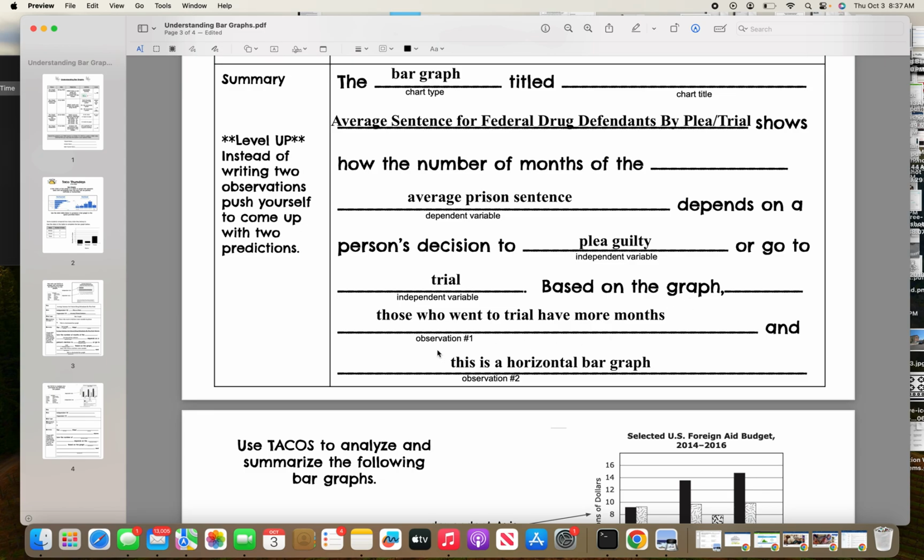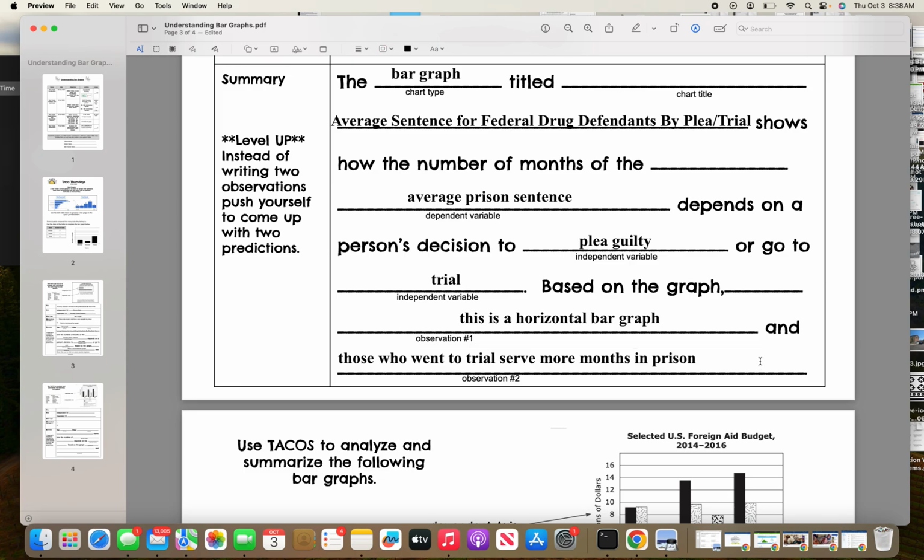Based on the graph, those who went to trial have more months, and this is a horizontal bar graph. Okay. We can rearrange those, that doesn't matter, but all we want is to get two pieces of information. All right. And if we want to be more specific, those who went to trial serve more months where? In prison.